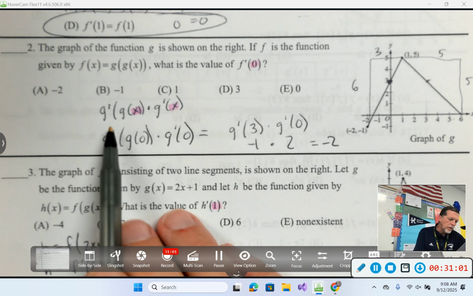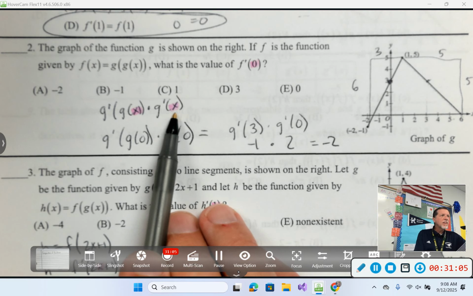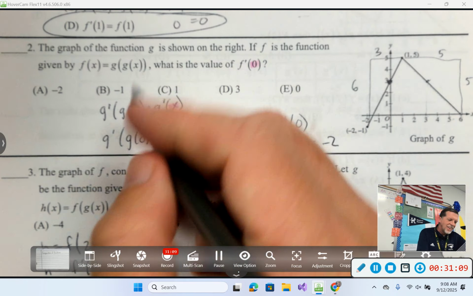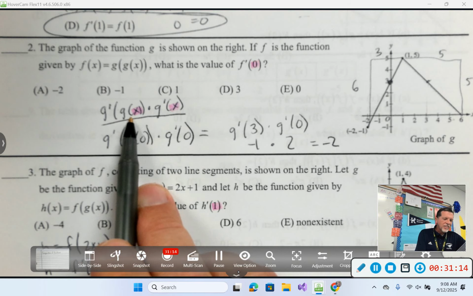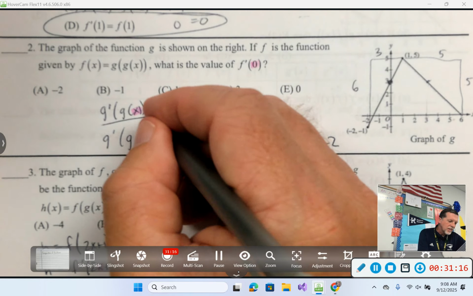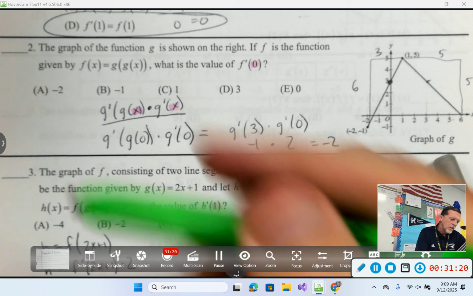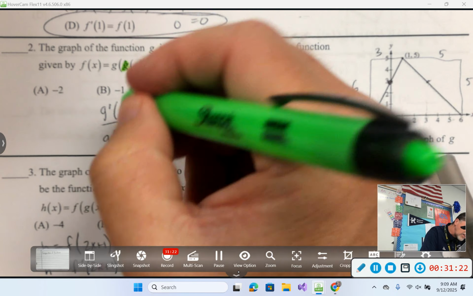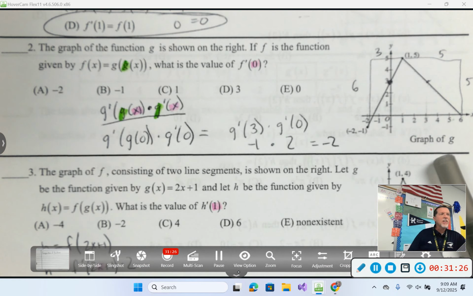Are you okay with g prime of g of x times g prime of x? Plus what? The second part? g prime times g of x. g prime of g of x, yeah, plus, times, chain rule, g prime of x. Where the second g, is that the inside g? That's the inside g.